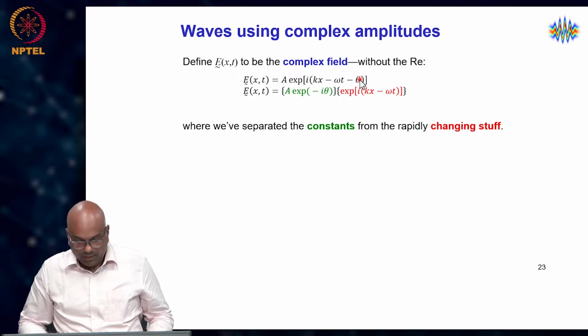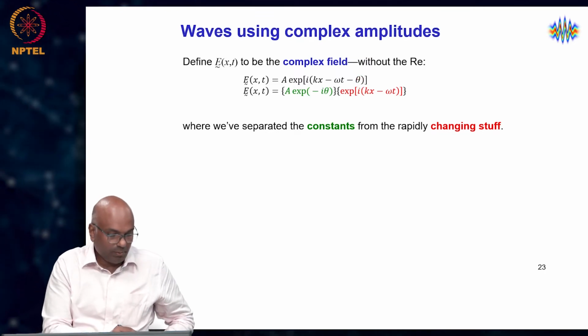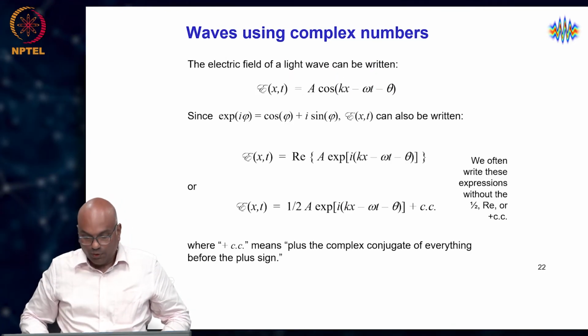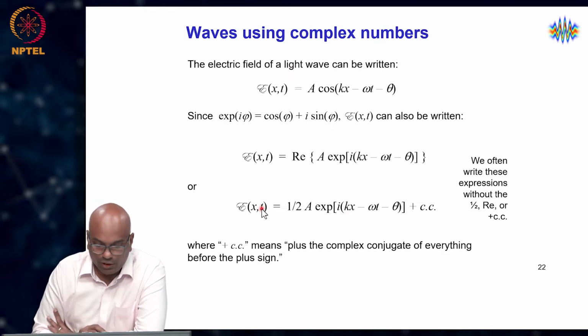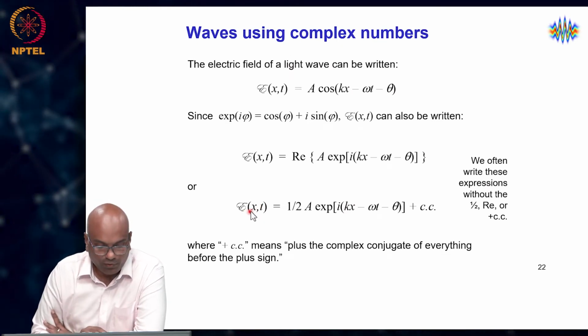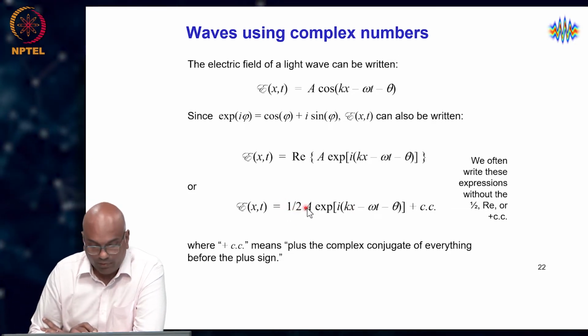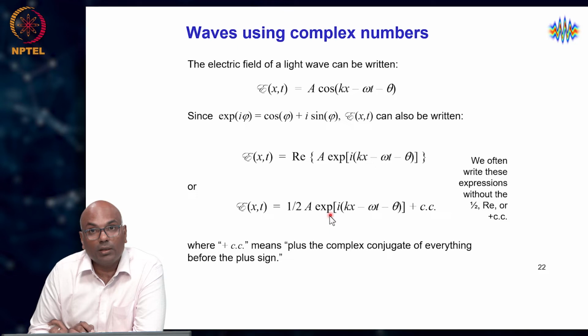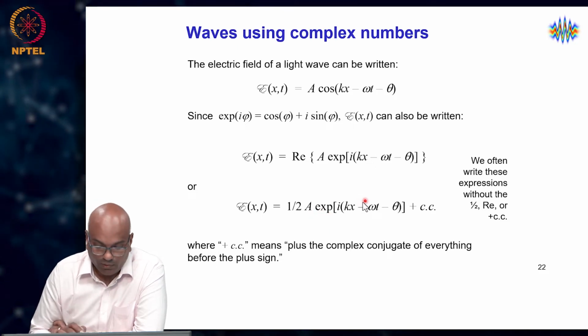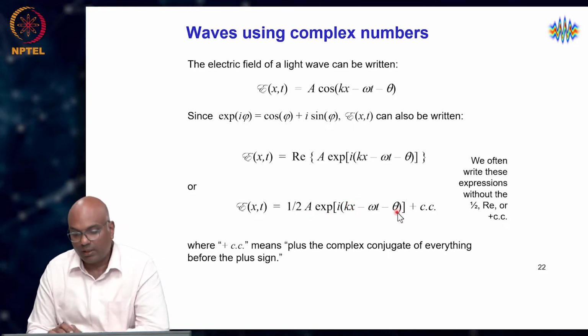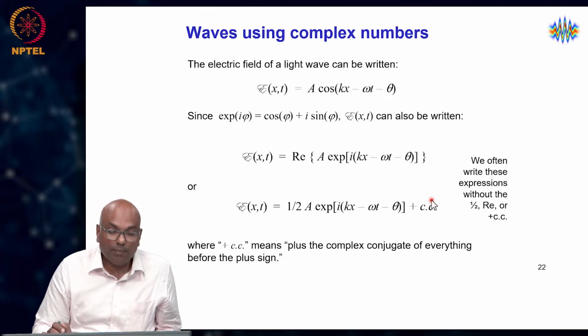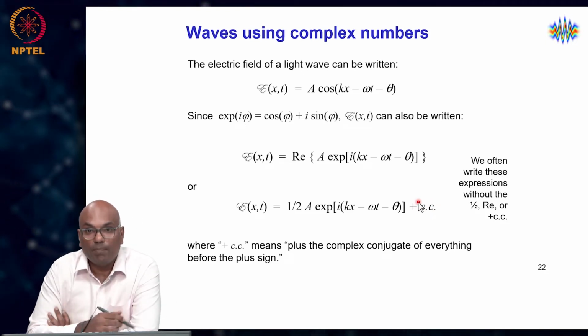Earlier, in the previous view graph, we had essentially defined E of x,t to be the following. It is 1 half A multiplied to the complex exponential function with kx minus omega t minus theta in the argument plus cc, which is the complex conjugate.